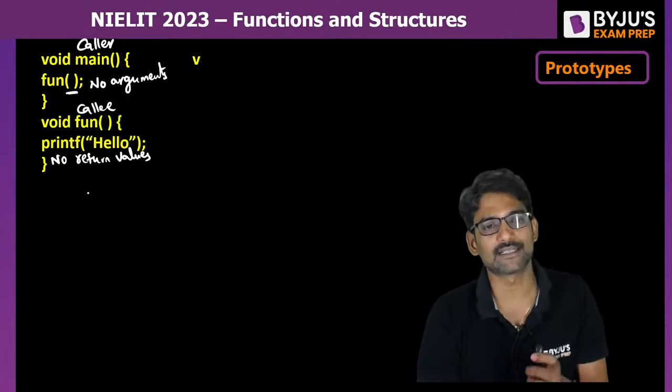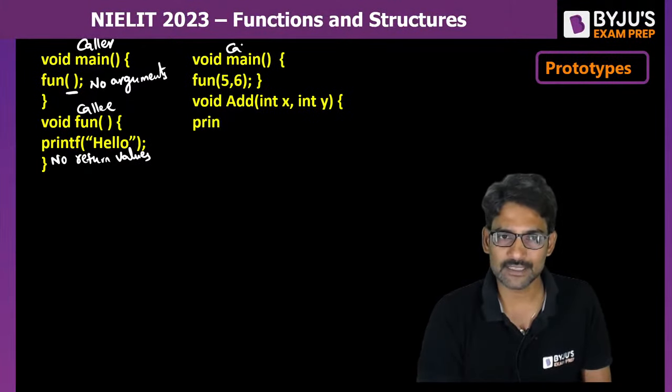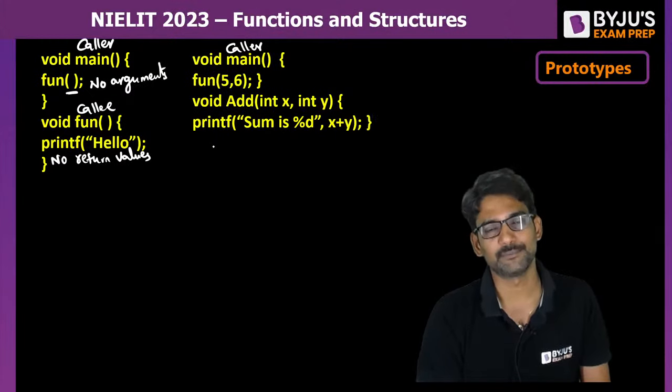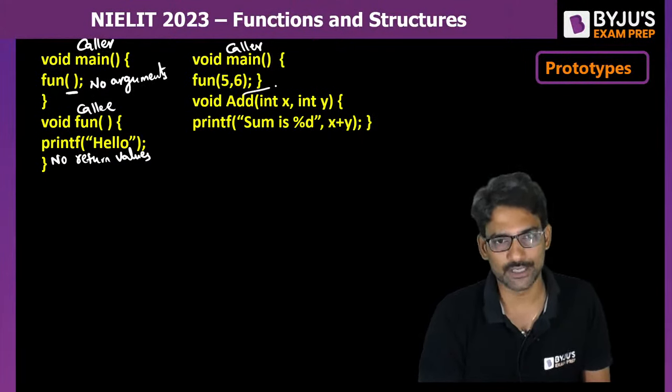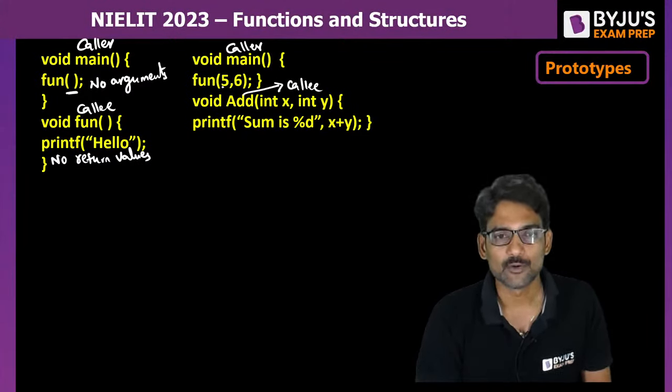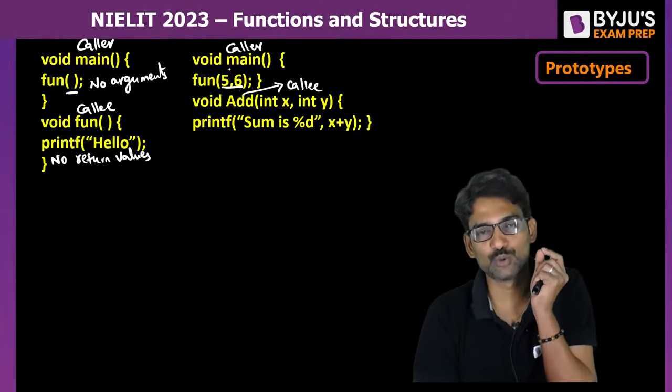Let us see the other example. Here inside the main I am calling fun function. So main is the caller here. Add is the callee here. And if you see, while calling the function fun, main has given 2 numbers.